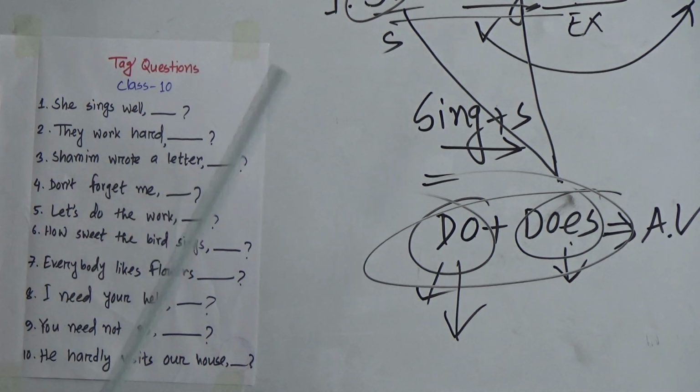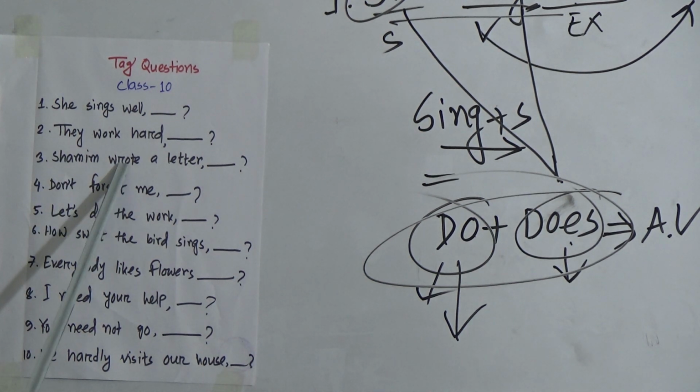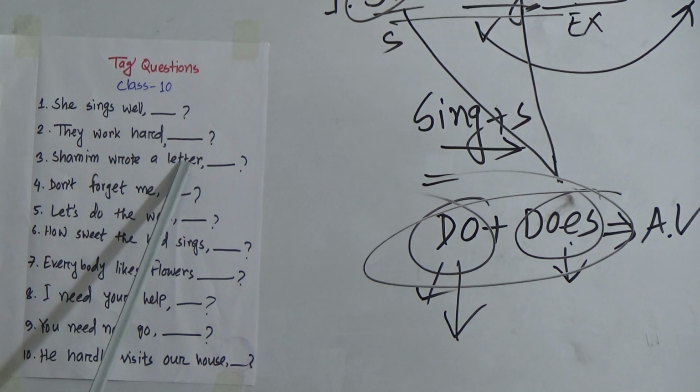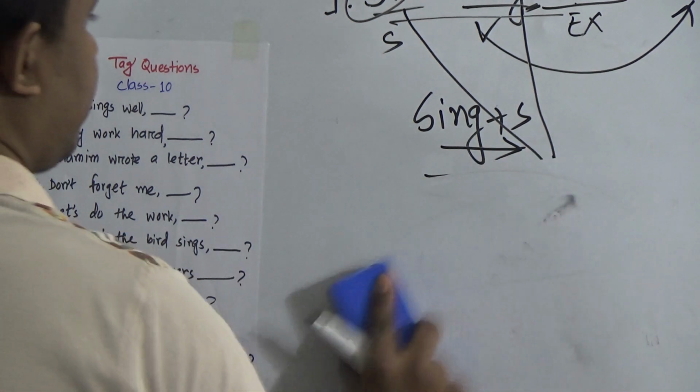Shamim wrote a letter. Dear students, Shamim is third person singular number and its verb is in past form. So subject plus verb's past form, then object. Okay. So I am writing it.